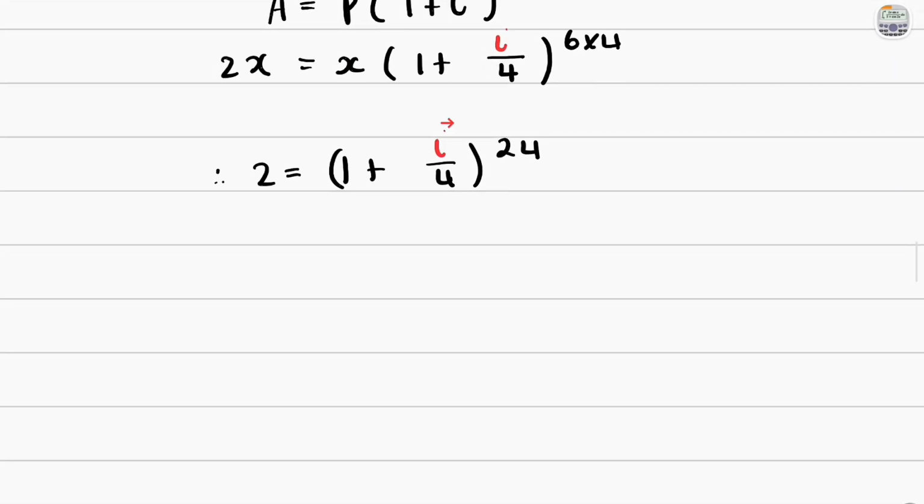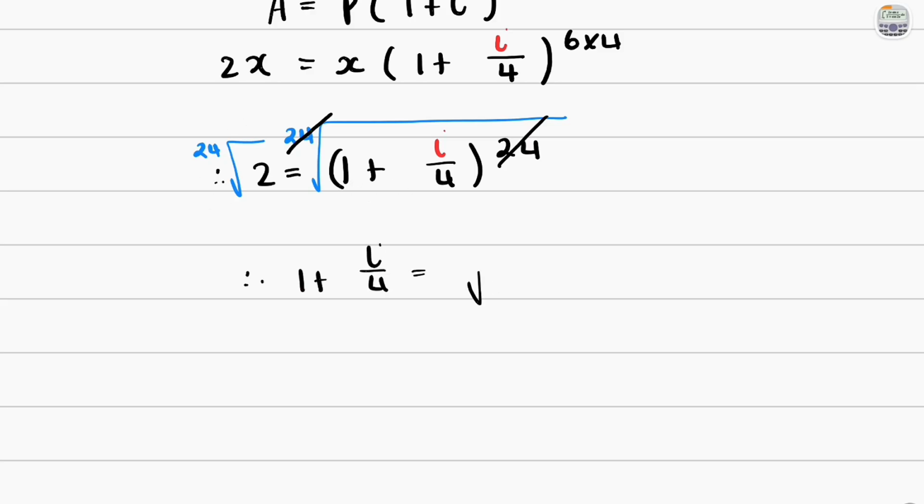To get closer to i, we can get rid of this exponent of 24 by finding the 24th root of both sides of the equation. So we're left with 1 plus i over 4 is equal to the 24th root of 2.